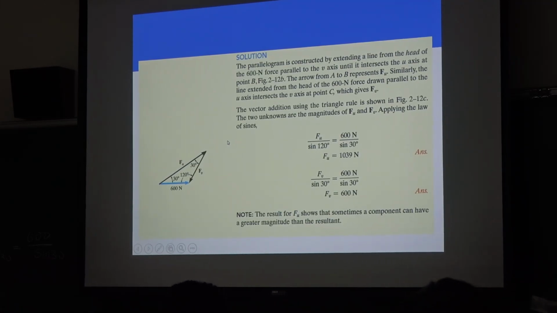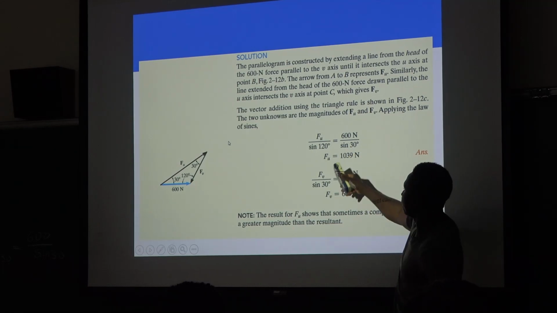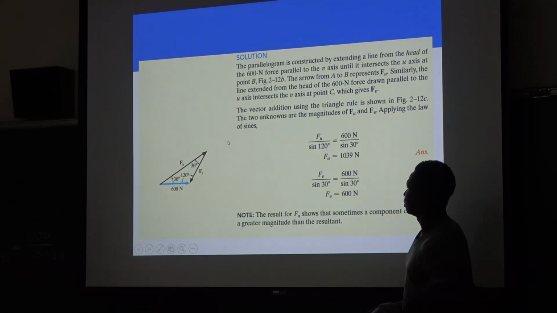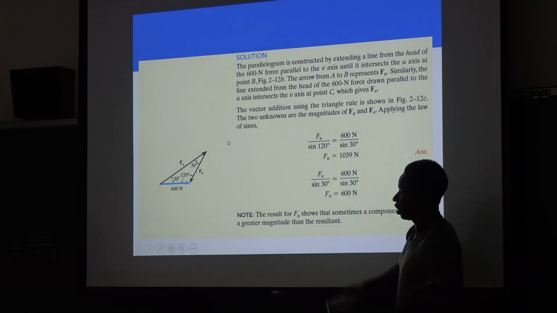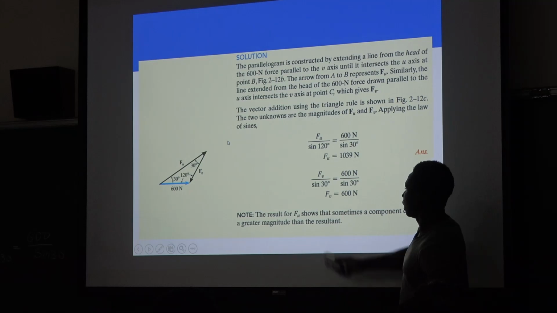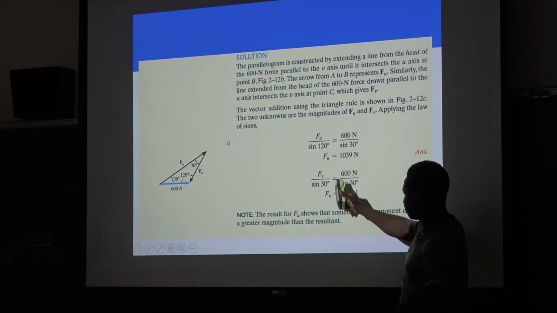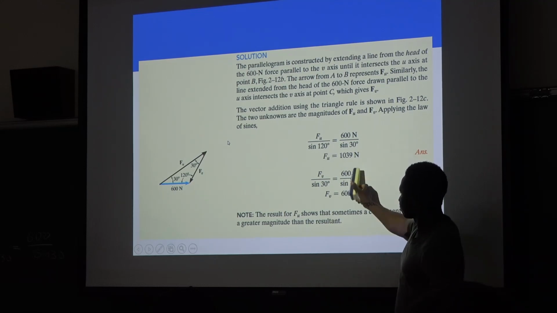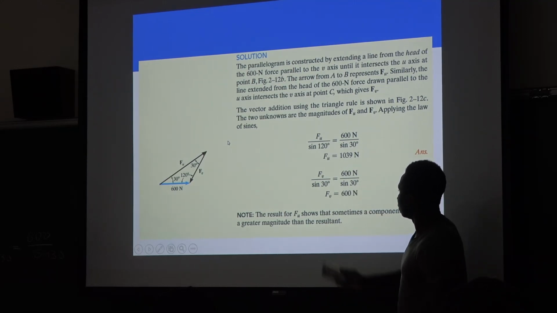So Fu over sine 120 should be 600 over sine 30. And then we can find the Fu, that is the U component of our force. And then for the Fv, we just say Fv over sine 30 should be equal to this, right? So this and this will go up. So Fv is still equal to 600 Newton.